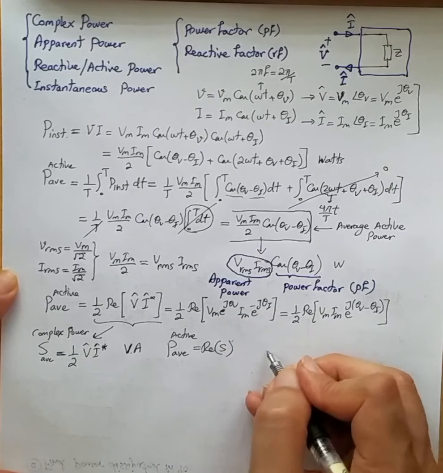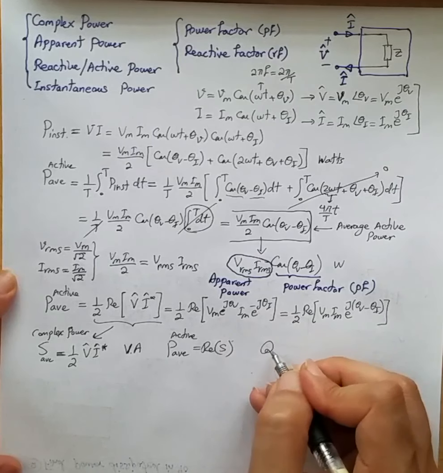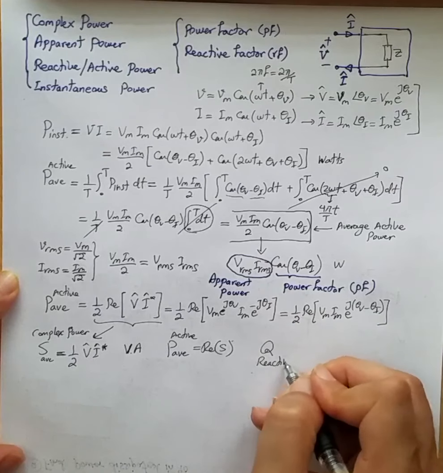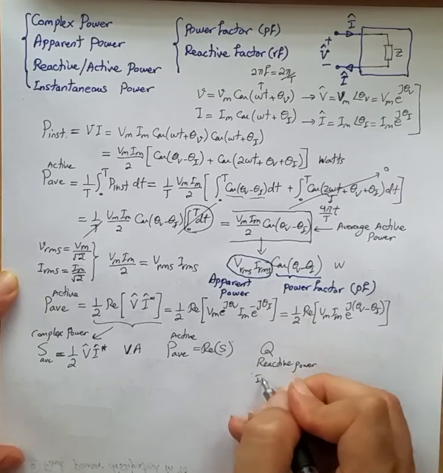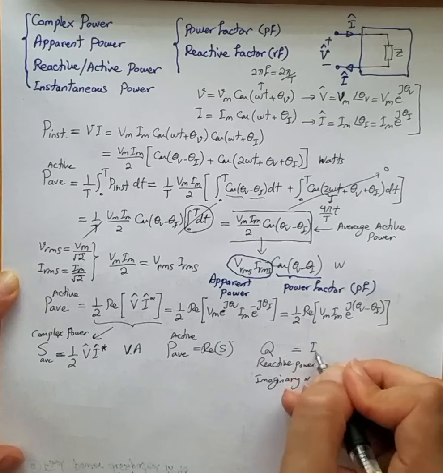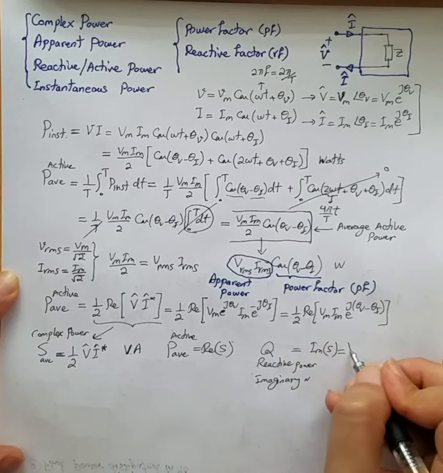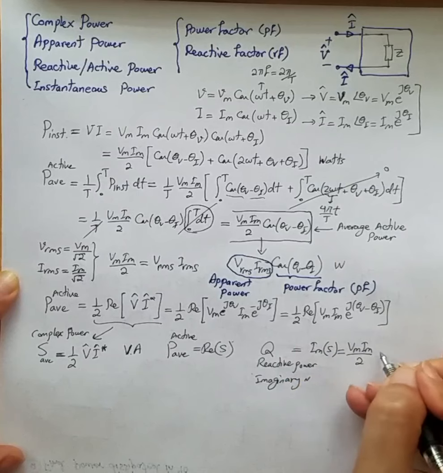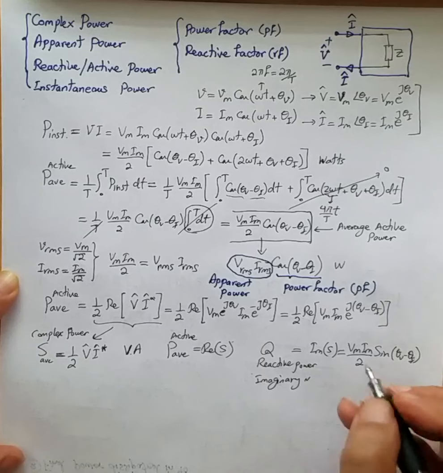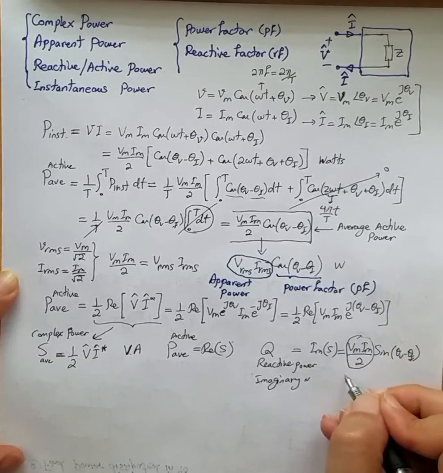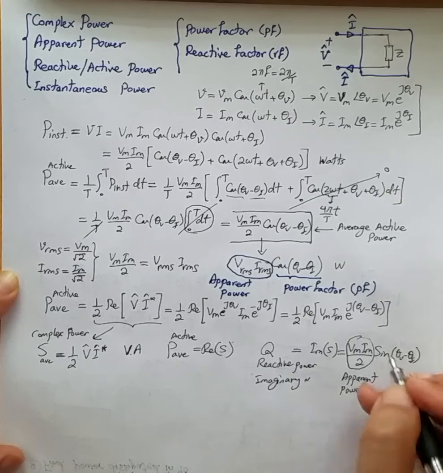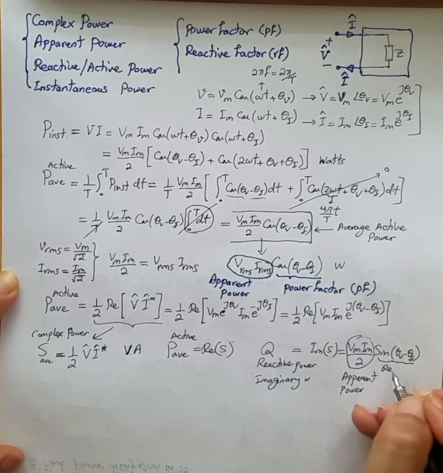So at the same time, one can wonder, okay, what about the imaginary part of S? Well, we can define something that is referred to as Q, or reactive power, or imaginary power, as the imaginary part of S, which is basically Vm Im divided by 2 sine of theta v minus theta I instead of cosine.